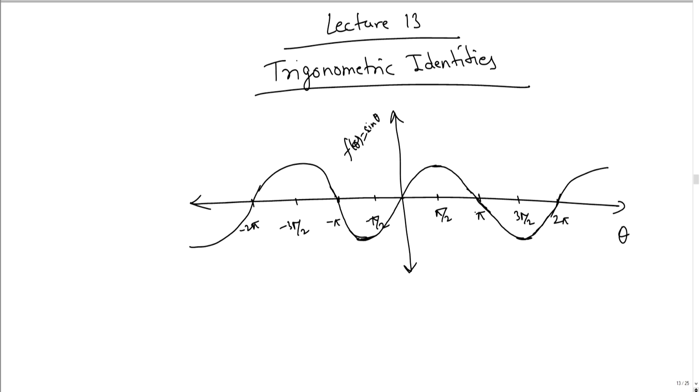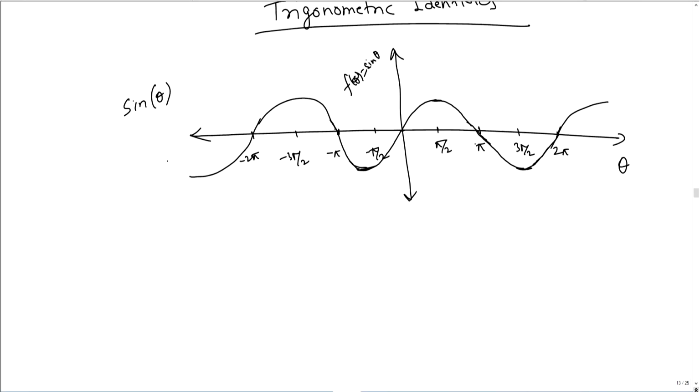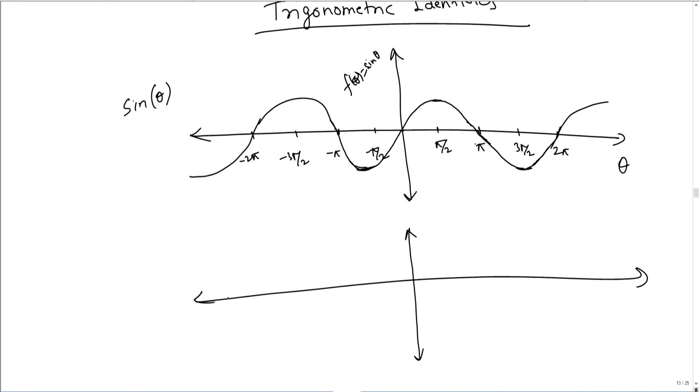Okay. So, this is the graph of the sine function, sine theta. Similarly, the graph of cosine theta would look something like this. It is maximum at 0, then it decreases at pi by 2 and goes like this. So, this is the graph of cosine theta.